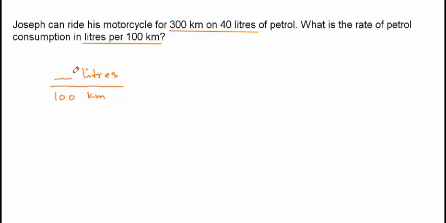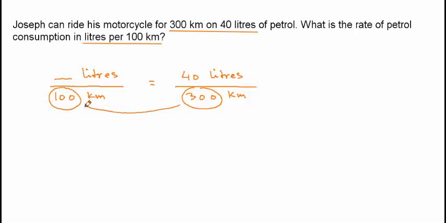and that's the rate of the fuel consumption, is equal to, we have 40 on the other side, 40 liters over 300 kilometers. Now once again, if you look at this number 100 and 300, they're related by a factor of 3. So if you want to go from 300 to 100, you essentially divide that with 3.